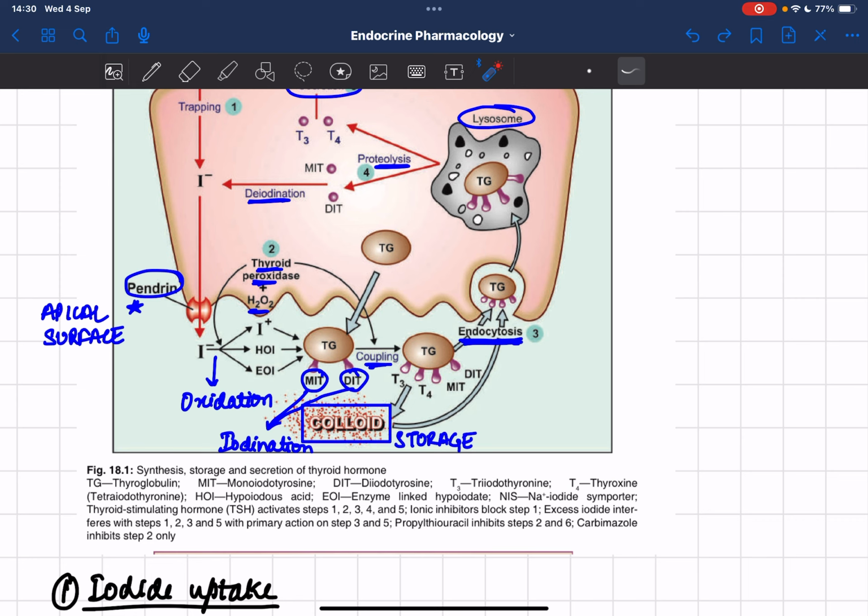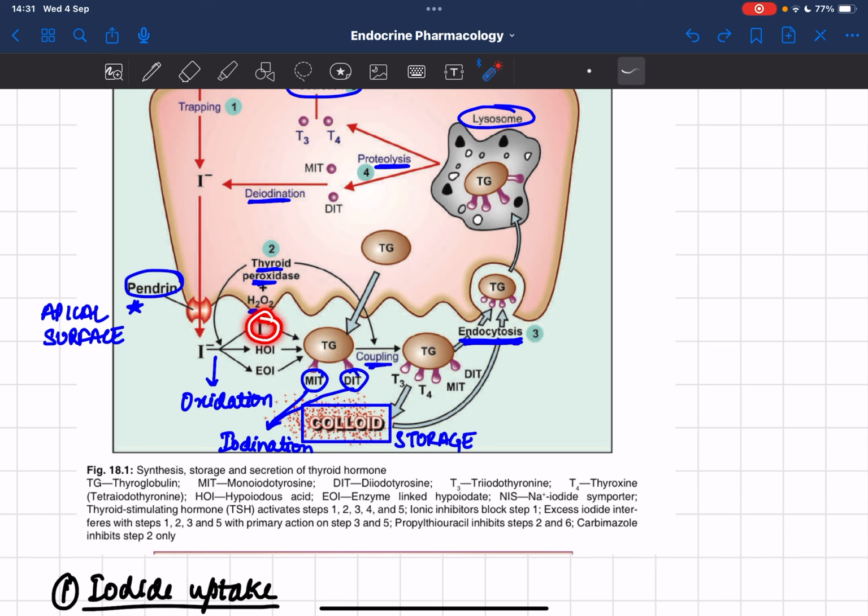Iodide will get oxidized into iodinium ion. HY is hypoiodous acid or hypoiodate, and EOI is enzyme linked hypoiodate. You don't have to learn everything. You just learn that from I negative there is formation of I plus. Just from iodide there is formation of iodinium ions. Just learn this much.